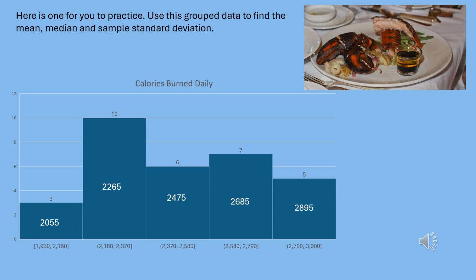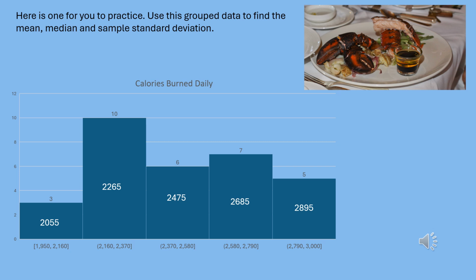Then the second category, the average between 2,160 and 2,370 is 2,265. So 10 values in the second category are all going to be considered 2,265. The third category, if you average 2,370 with 2,580, you get 2,475.